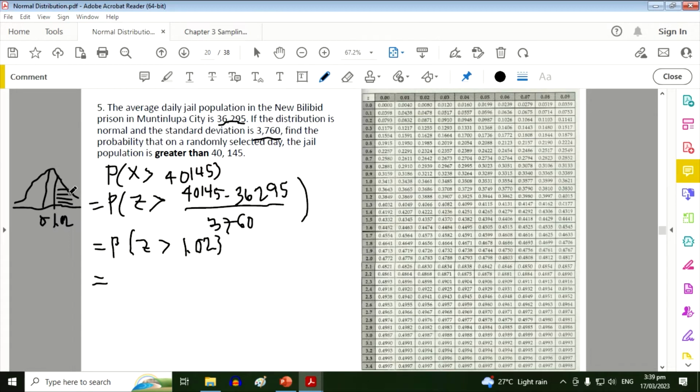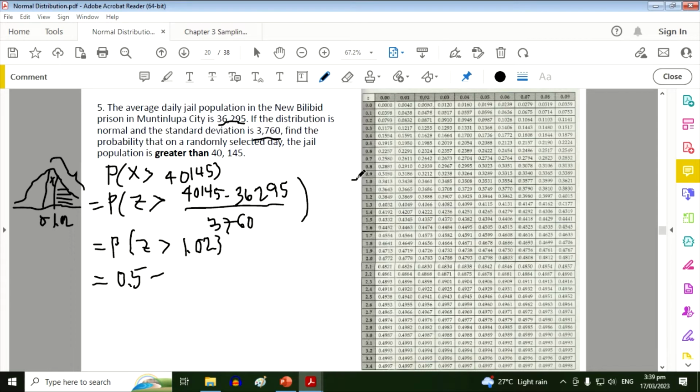By just looking at this, it means that half of the curve is not whole. So an area must be subtracted from 0.5 to get the remaining area. So 0.5, the whole area on the right, minus the area of 1.02. No, sorry, it's 1.02.